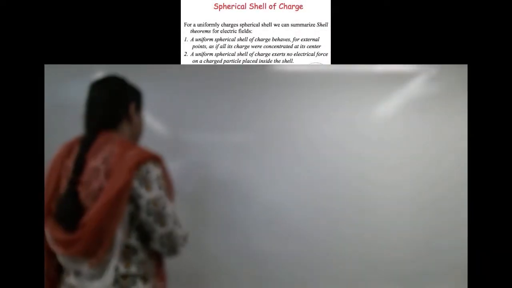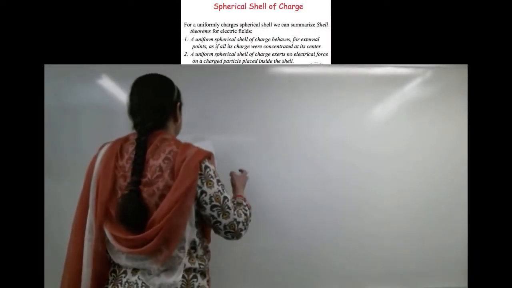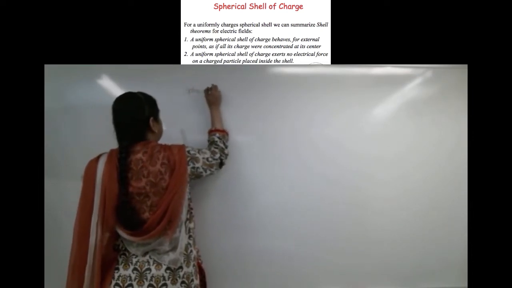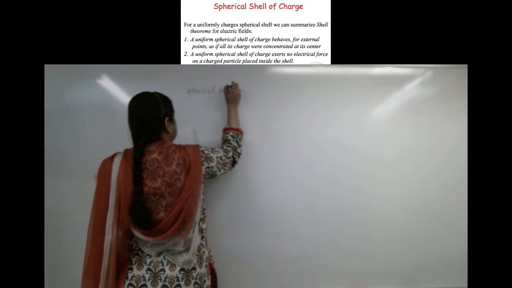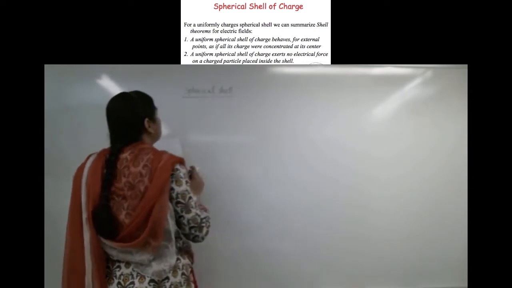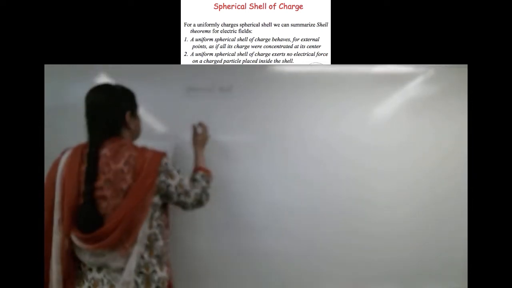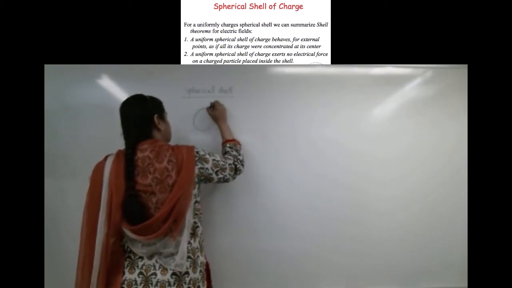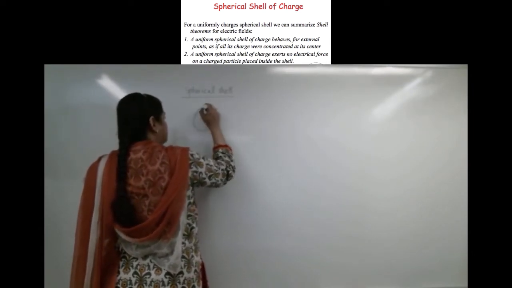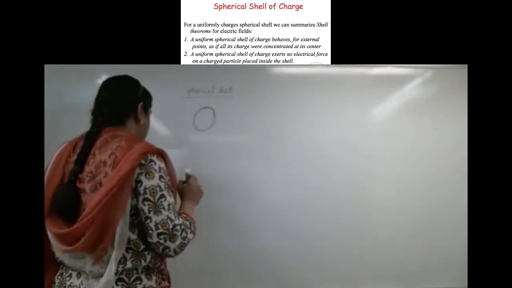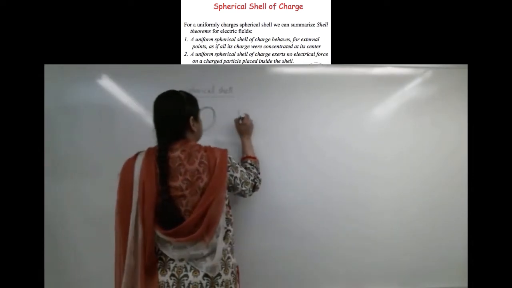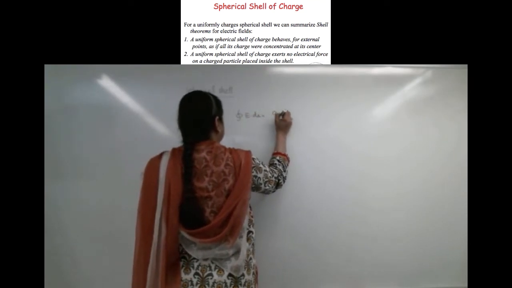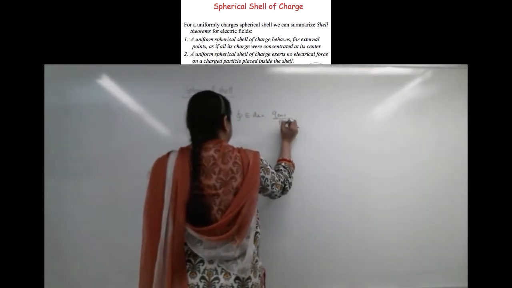Now next, let's talk about the E field due to a spherical shell. How will the E field behave? You have a shell that's spherical, so think about it in three dimensions. Gauss's law says the integral of E dot dA equals Q enclosed over epsilon naught.